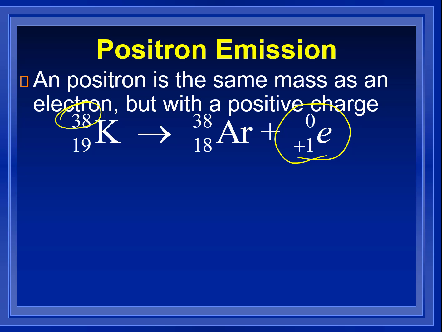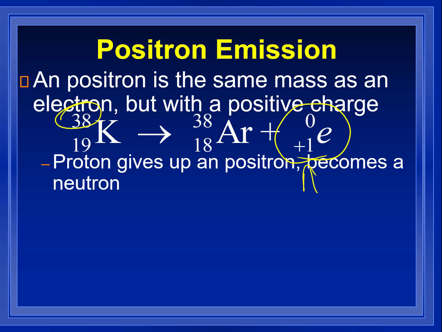Pretty easy to work with these equations. Once you know what that piece is, all you have to do is make that piece and figure out what else. So a proton gives up a positron and becomes a neutron. The proton changes into a neutron by giving up a positron. How do we know the proton changed? Because I went from 19 to 18.